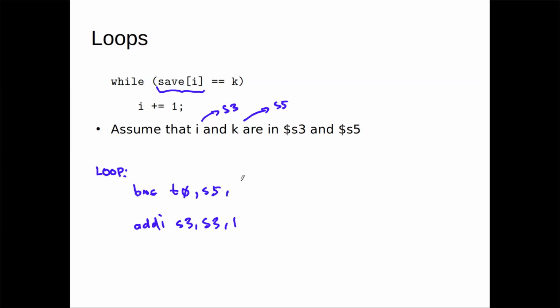So if it's not equal, you go to something like end, right? And we will put end somewhere over here. And we just have to write a little bit for loading something into this t0, and we can again just imagine that S3 contains I.